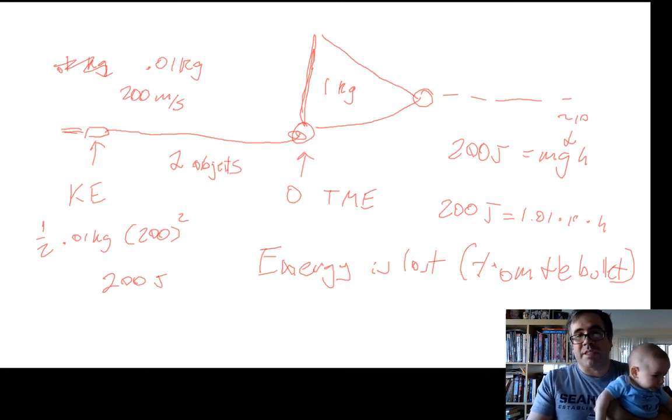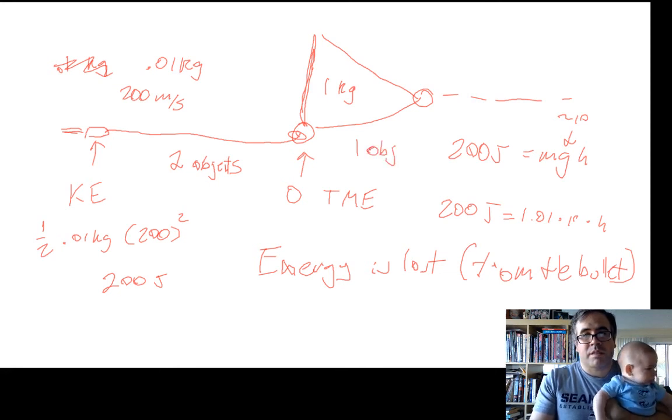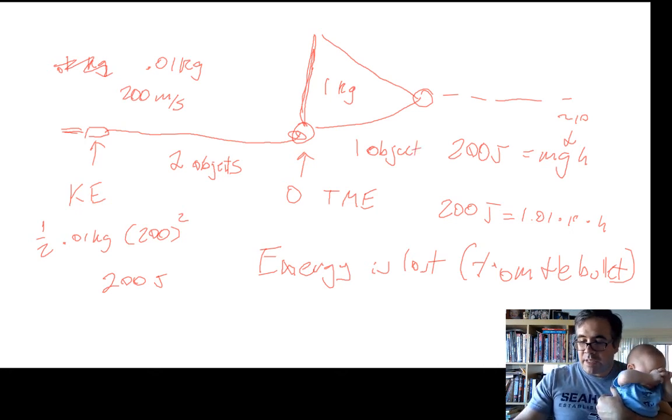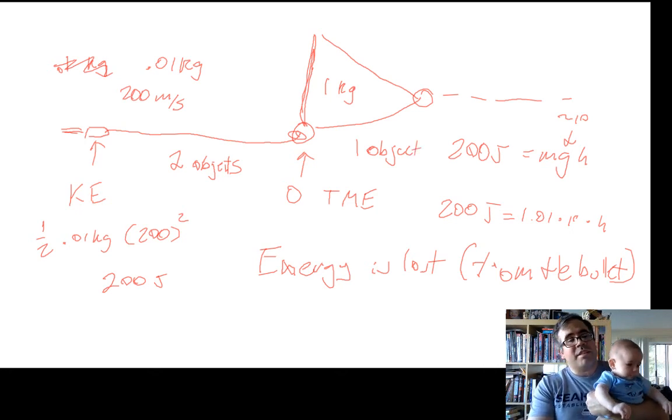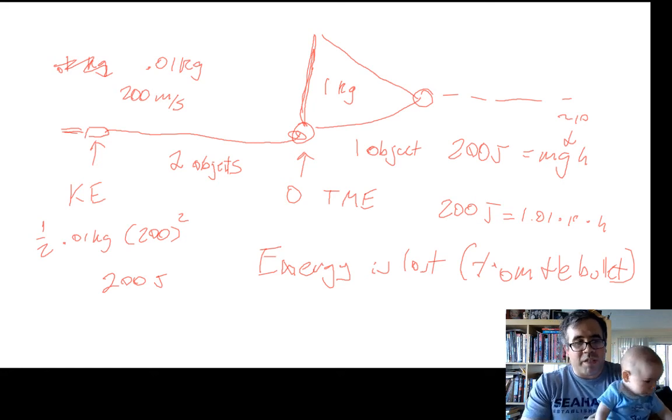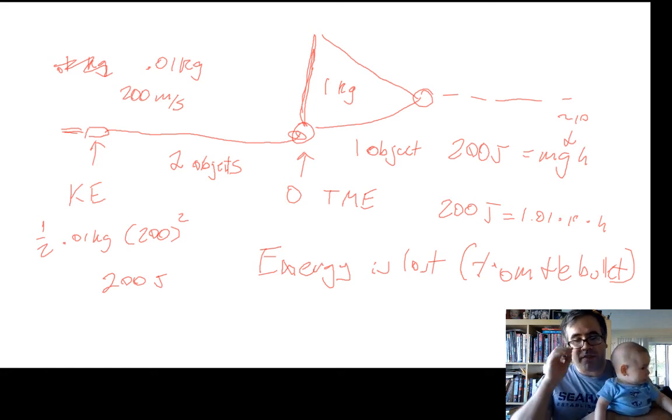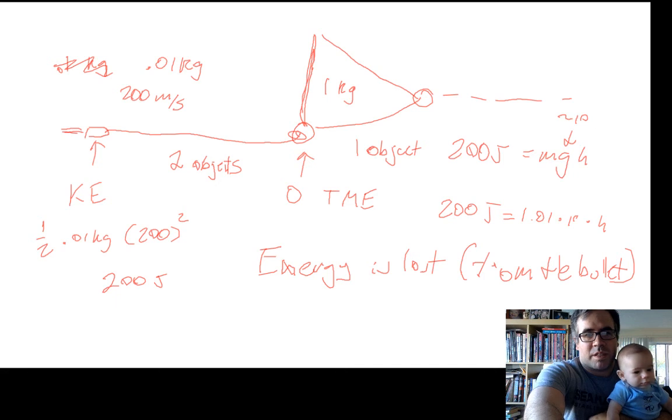After the collision, since it's completely inelastic, you have one object. The bullet loses kinetic energy into the pendulum, but the bullet and the pendulum are stuck together, and there's a finite amount of energy available to them.